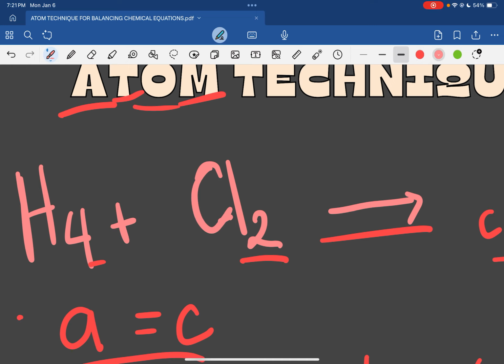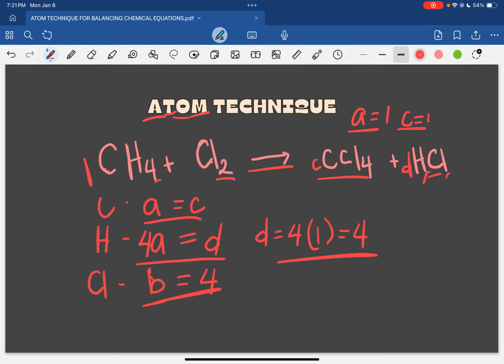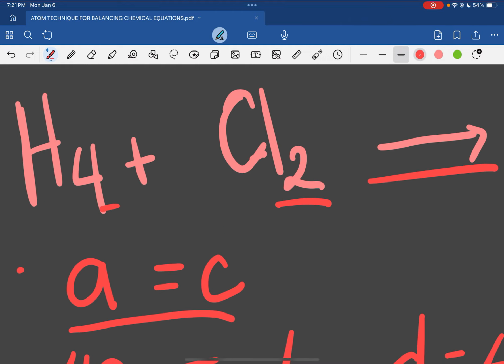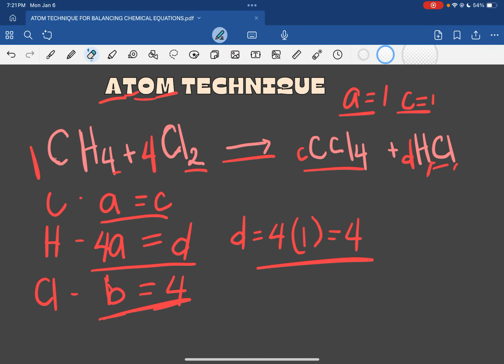For letter B, our coefficient is number 4. And for our letter C, our coefficient there is 1 also. And lastly, for our letter D, the coefficient there is 4.